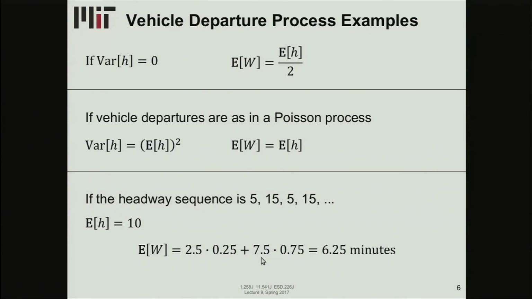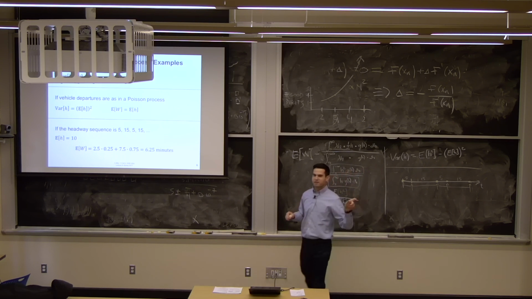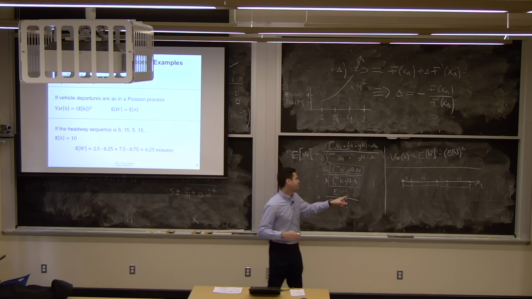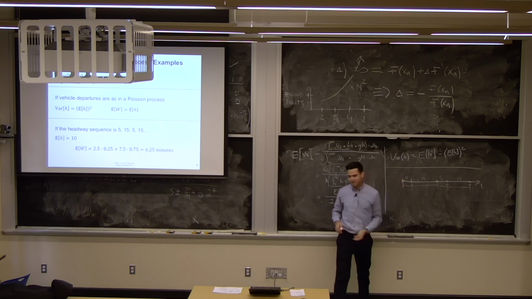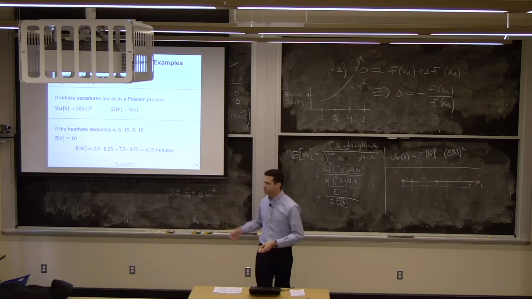And then we have the probabilities of having arrived on any of those headways. Because the 15-minute headway is 3 times longer than the 5-minute headway, you are 3 times more likely to arrive during a 15-minute headway than during a 5-minute headway. So therefore, 75% of passengers will arrive on the 15-minute headways. And you essentially are computing a weighted average, right? So 6.25 minutes.